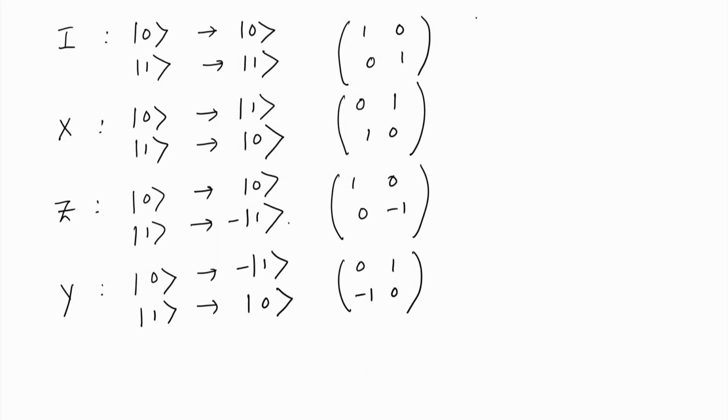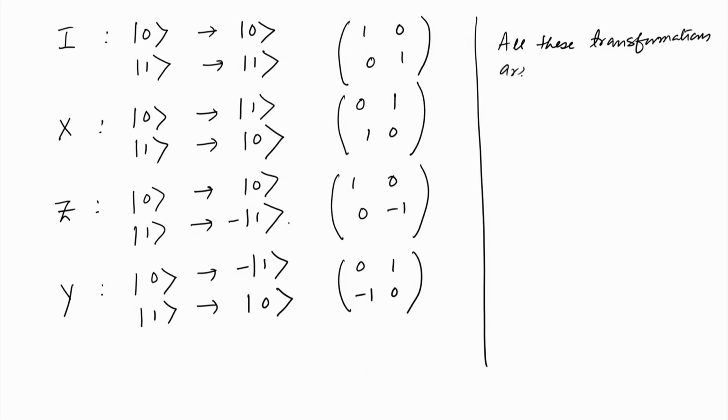For example, either you do a x transpose x, that will give you a unitary matrix.